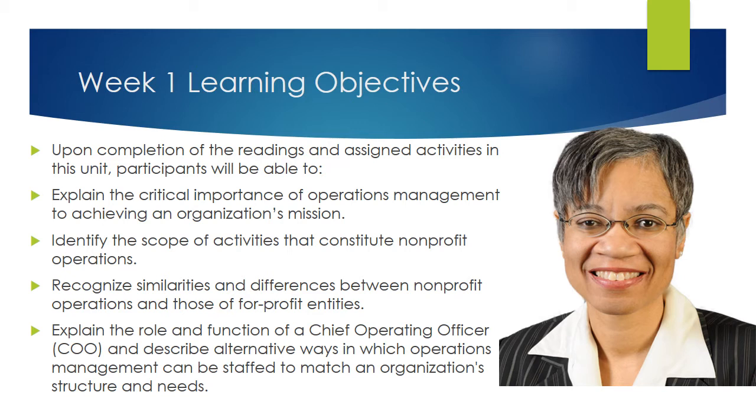You should be able to identify the scope of activities that constitute nonprofit operations and recognize similarities and differences between nonprofit operations and those of for-profit entities. Finally, you should be able to explain the role and function of a Chief Operating Officer, or COO, and describe alternative ways in which operations management can be staffed to match an organization's structure and needs.